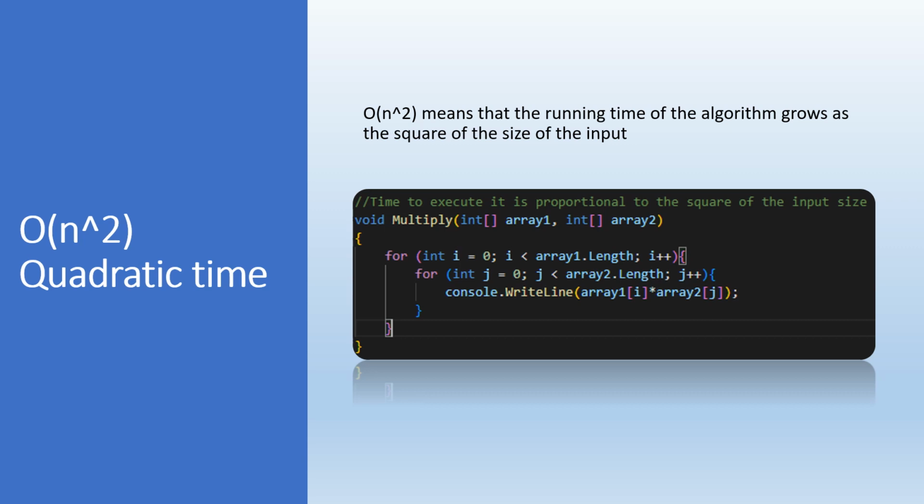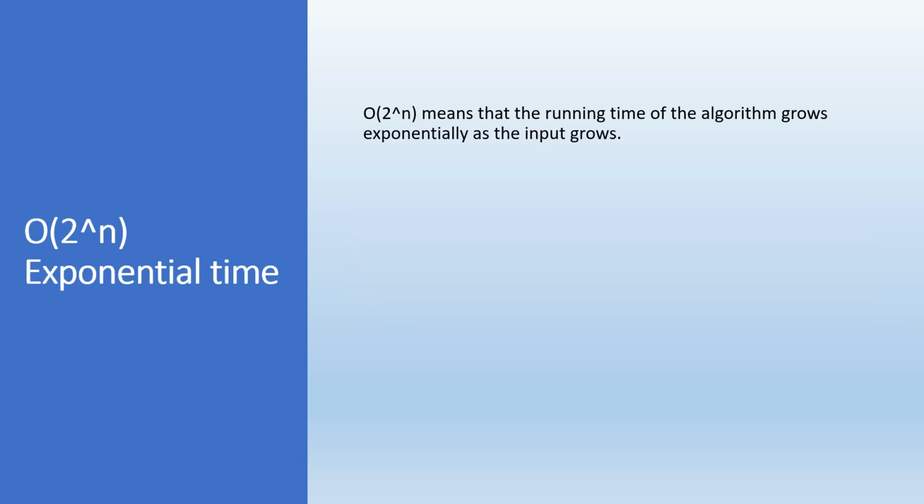This is the outer loop, which will run in O of n time, and this is the inner loop. For every element of the outer loop, the inner loop is going to run, which is again O of n time. So this is n times n, that is n square, so this is O of n square.